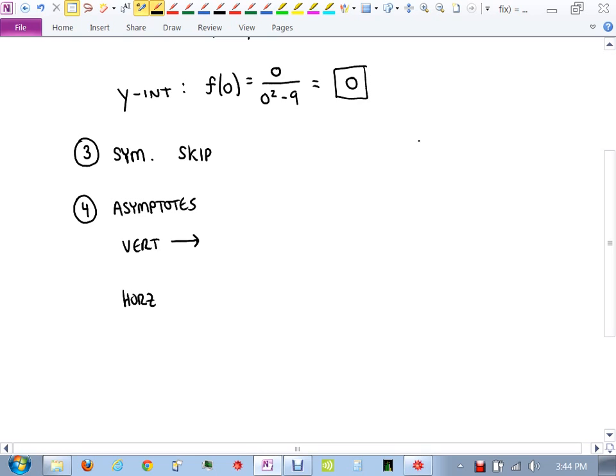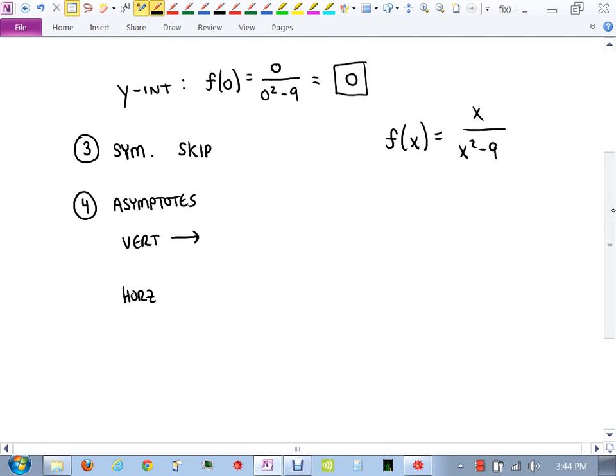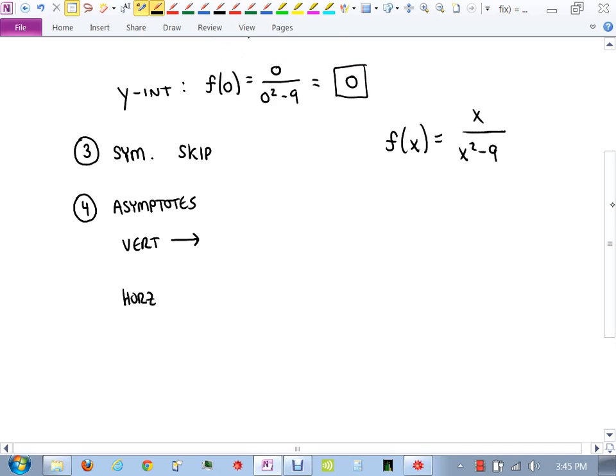Algebraically, here is our function. I'll put it back up here. Don't vertical asymptotes occur whenever our denominator is 0? So 3 and negative 3, right? Those were the points that weren't in our domain. But what we need to recognize is that at those points, we will have vertical asymptotes.